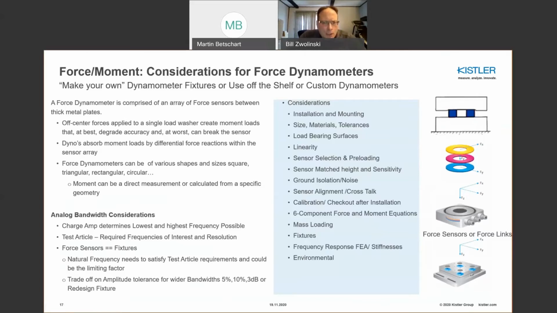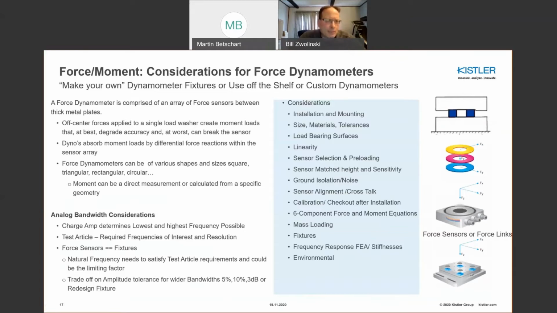So what's done is you comprise what's called a force dynamometer, which is basically 2 parallel plates with sensors mounted in between, which basically accomplish the task of taking complex forces and distributing those loads over these 4 sensors or more sensors to then realize a solution and being able to calculate both forces and moments of that test article. With any of these types of applications, analog bandwidth considerations are absolutely critical.